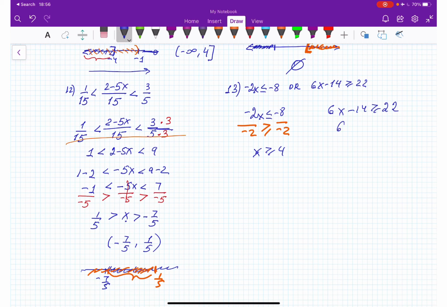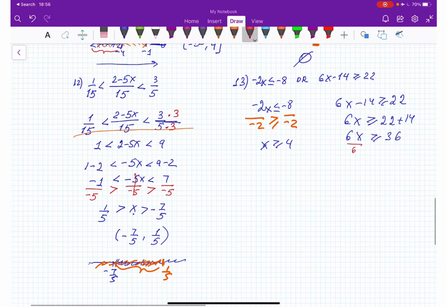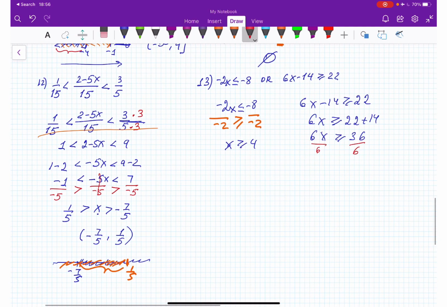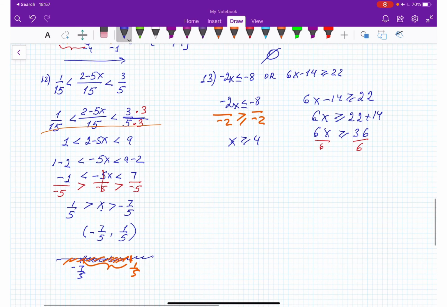So from here, 6x greater equal 22 plus 14, we are getting 6x greater equal 36. So dividing by 6 and 6, and we get x is greater equal 6.